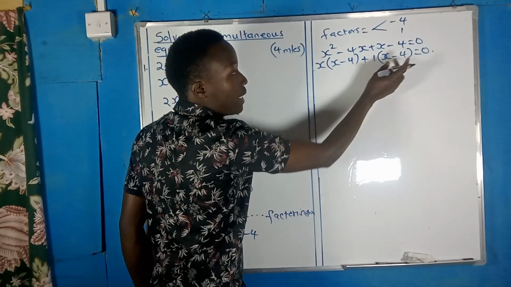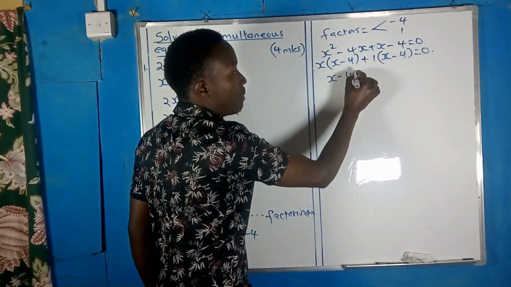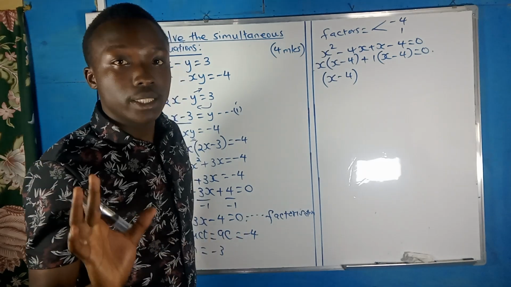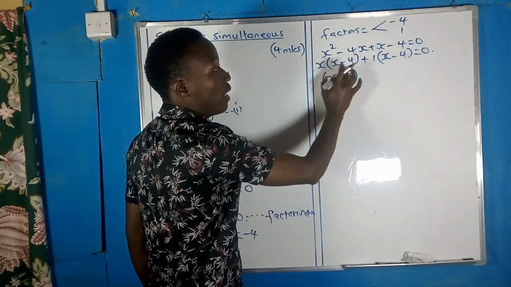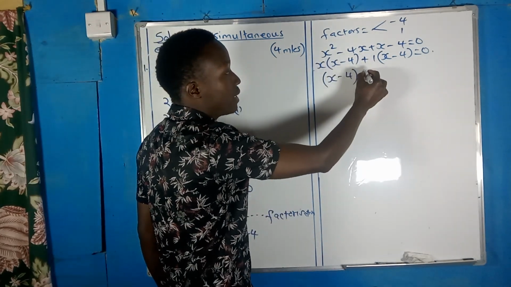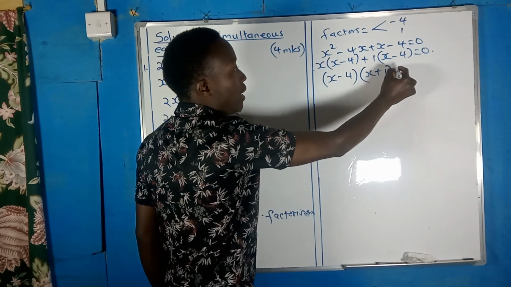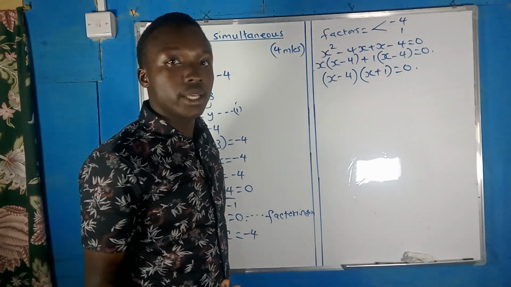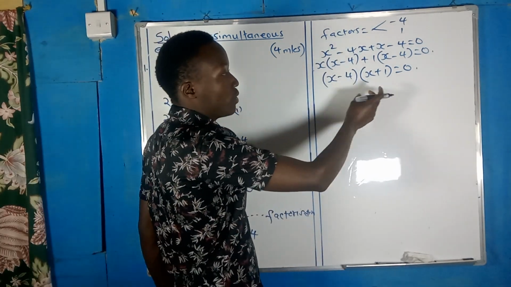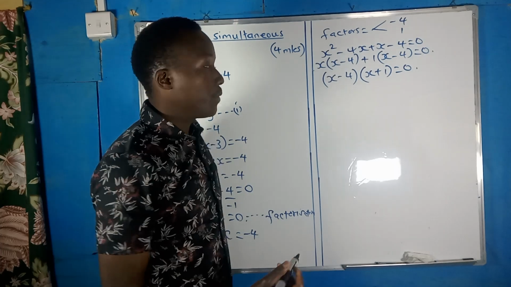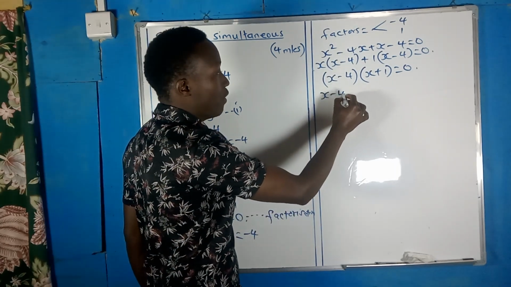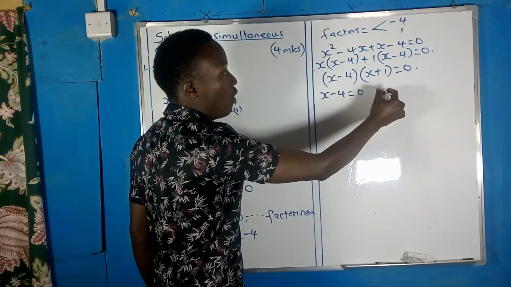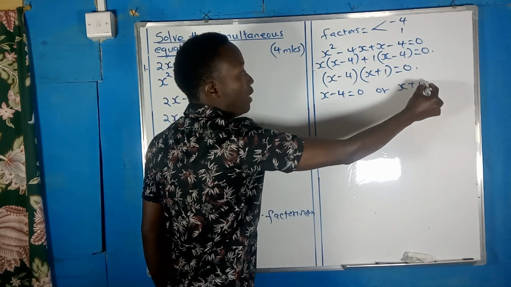Since our brackets are identical, we choose one x minus 4, and then we take the figures outside the bracket, that is x plus 1, and that will be equal to 0. So this simply implies that x minus 4 is equal to 0, or x plus 1 is equal to 0.